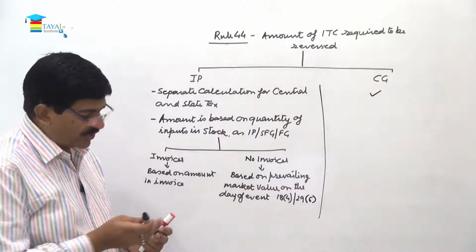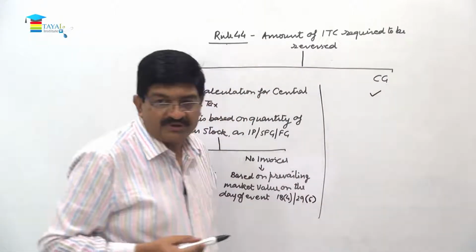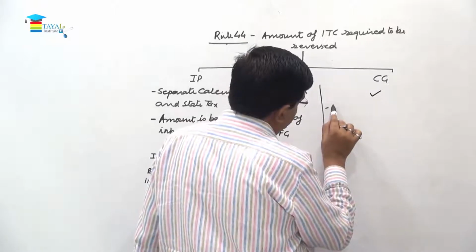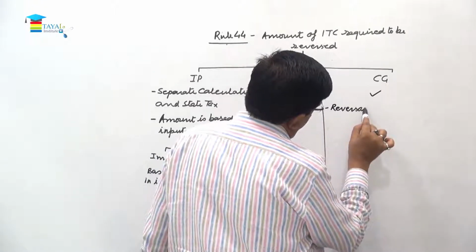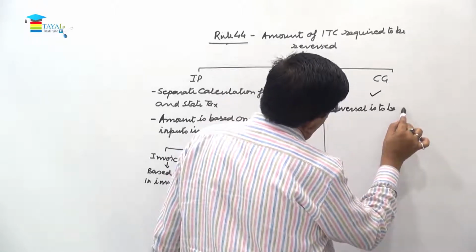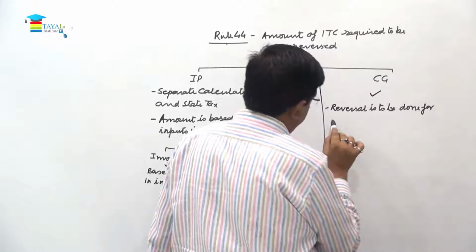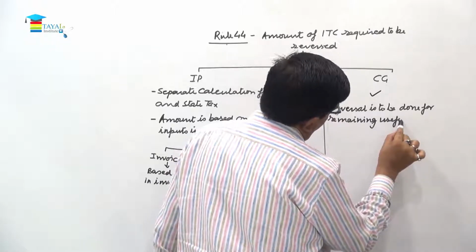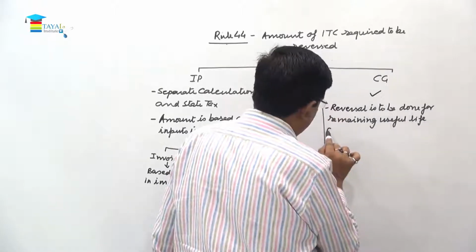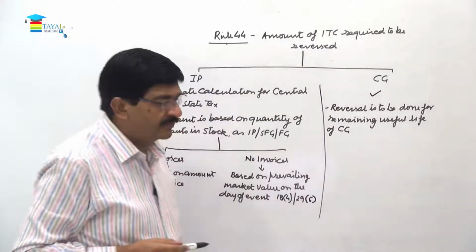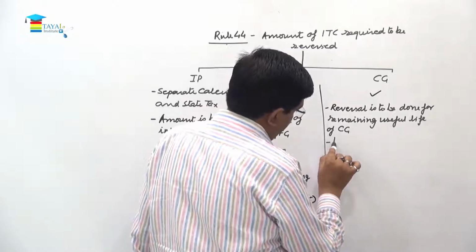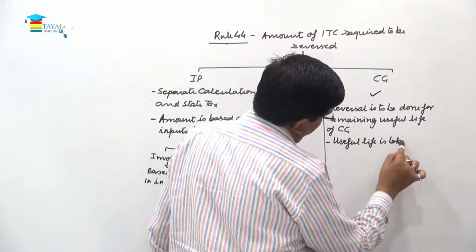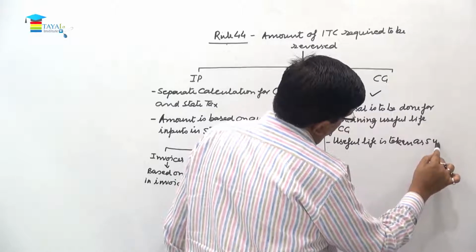Now, in relation to capital goods, first we have already talked about the separate calculation is to be done in respect of central tax as well as state tax, and for the calculation reversal is to be done for remaining useful life of capital goods, and for that purpose useful life is taken as 5 years.